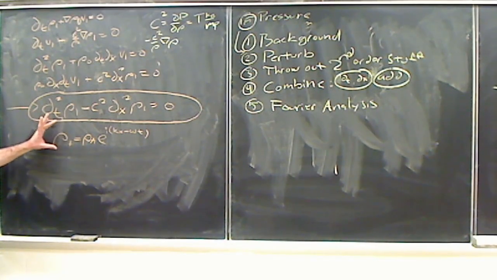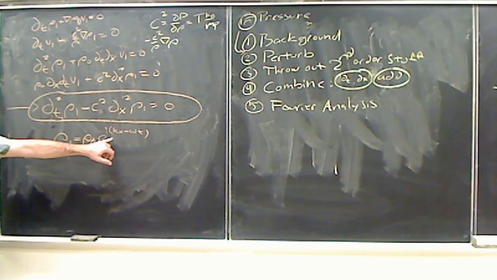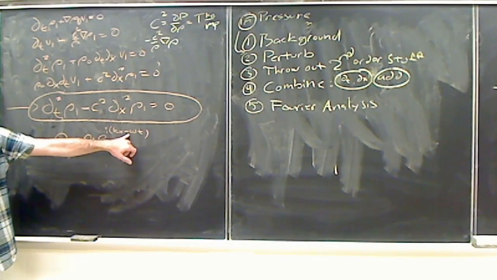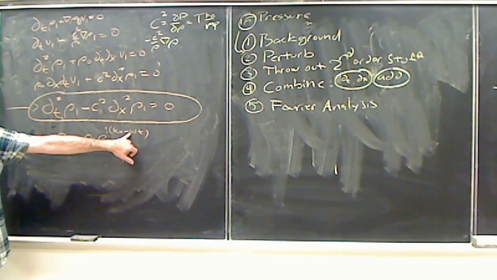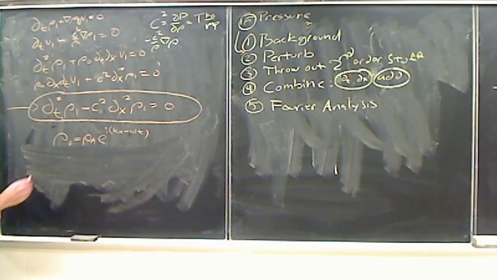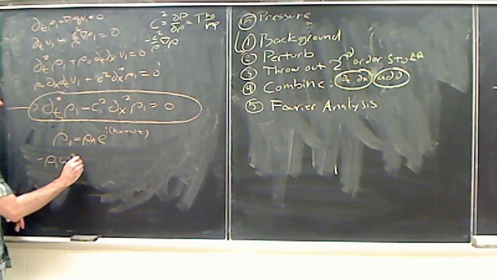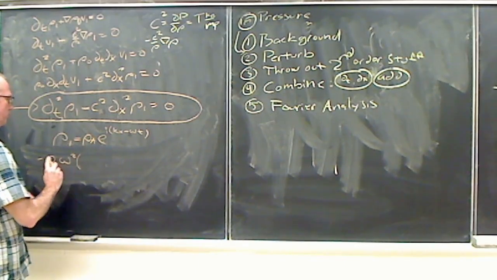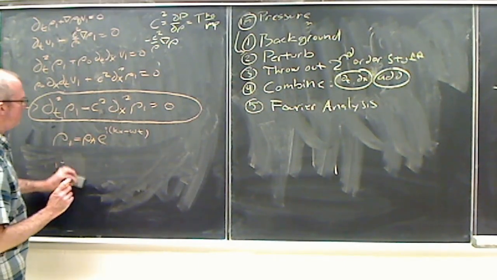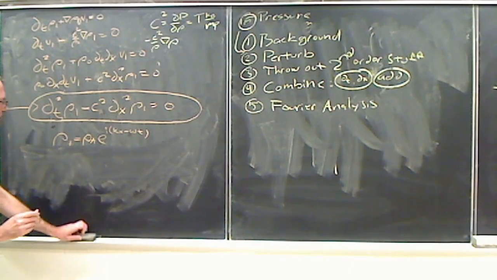So when I plug this in, my d squared by dt squared pulls down a minus i omega twice. So that gives me just minus omega squared. Sorry, let me rewrite that again.